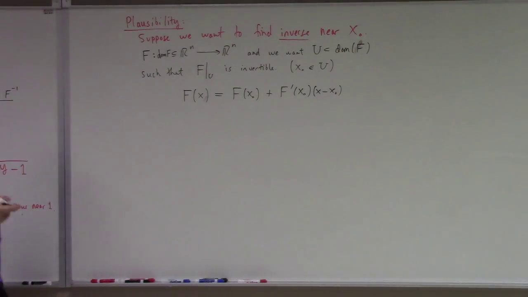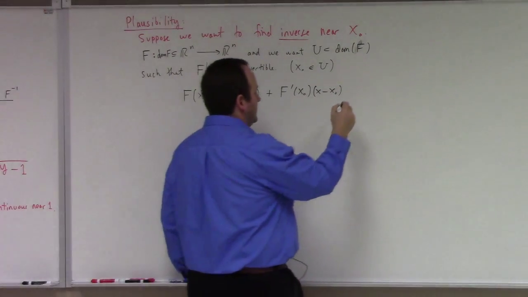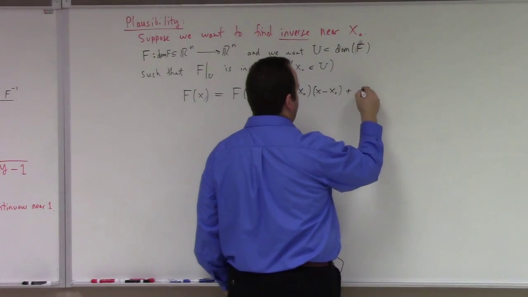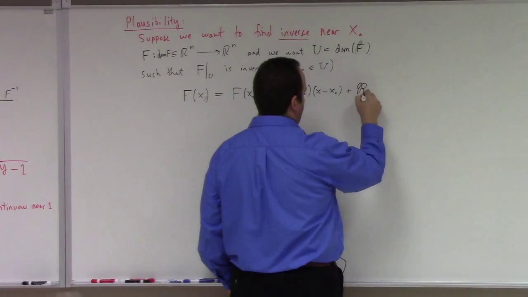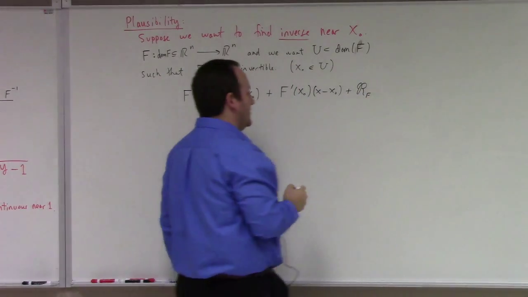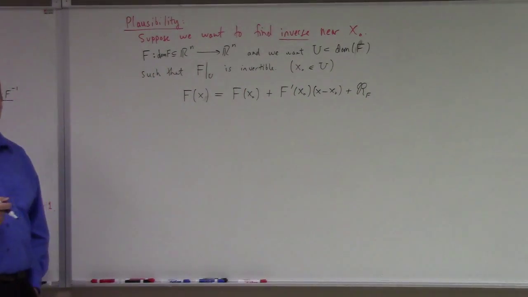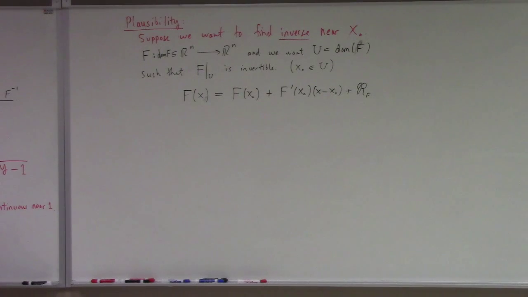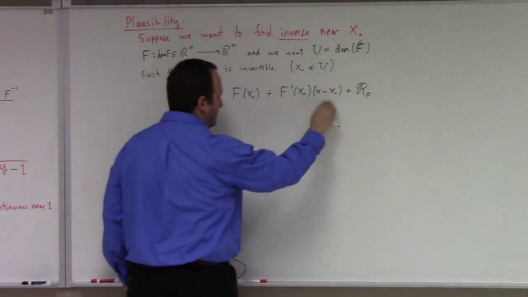Plus some small term, so let's say plus some remainder term, where that's very small as x goes to x naught. Our ability to pinch that thing to 0 is essentially the differentiability of the function. That the function is very well approximated by the tangent. It's affinization, it's linearization here, if you like.